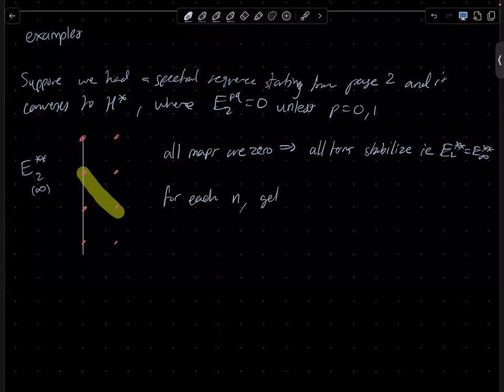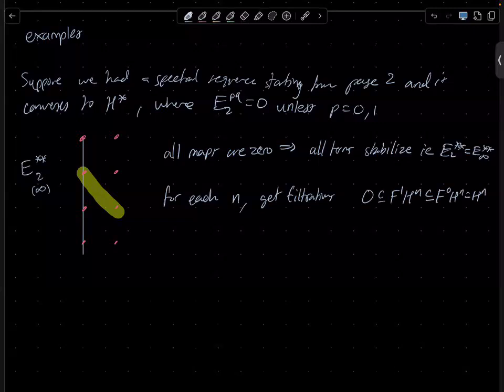So for each n, we get filtrations that look like this: 0 equal F2 H^n, which I'm not going to write in. I'm just going to write 0 contained in F1 H^n contained in F0 H^n, which is just H^n. So for each n, we get this filtration of some kind.